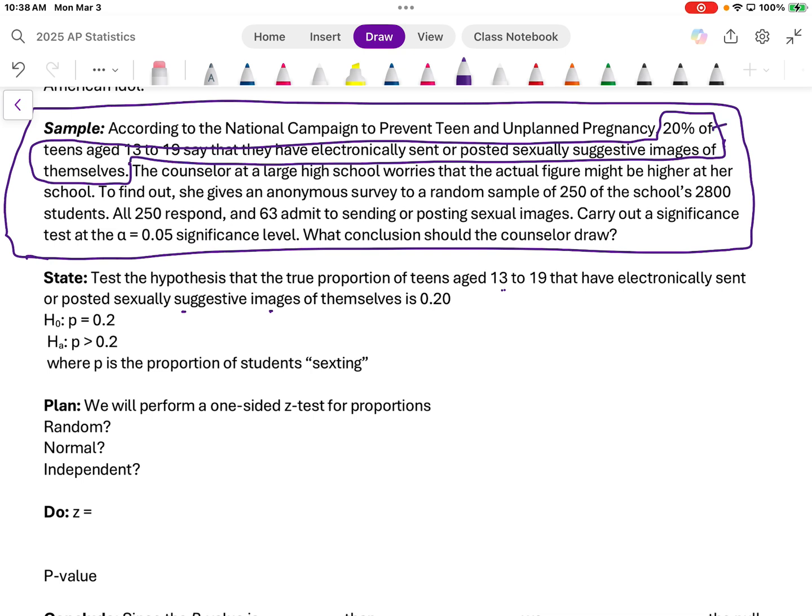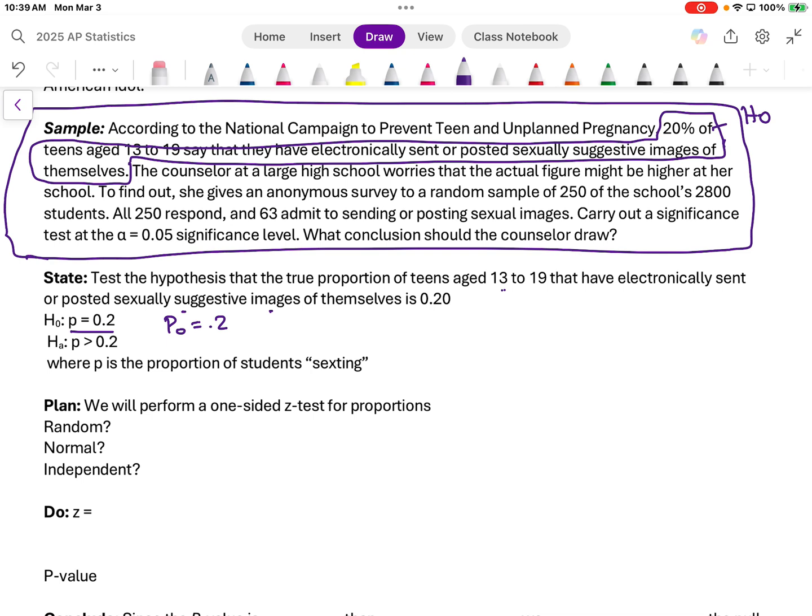All that was the H sub O. We're going to test that if that's the true proportion. Our null hypothesis is that P is equal to 0.2. Again, you can say P naught. You won't get marked off if you say P naught is equal to 0.2. That's fine if it reminds you to use the P naught later on in the formula.